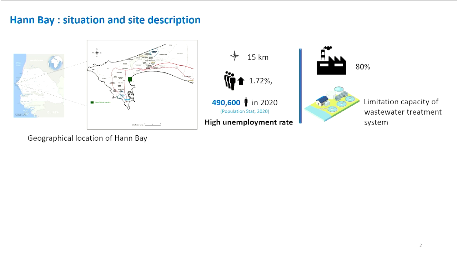And those industries discharge their wastewater into the bay without prior treatment. In the bay, the population increases by 1.72% per year.